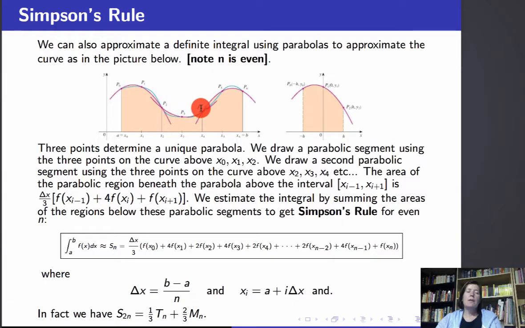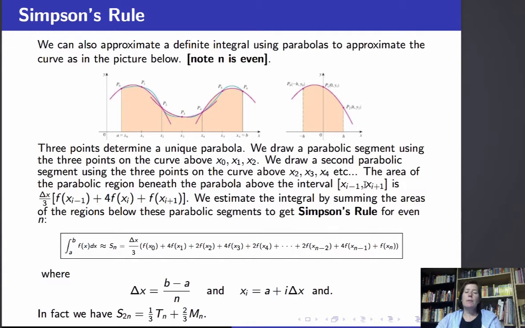The area beneath the second approximating shape is the area under the parabola sitting above x2, x3 and x4, and its area is delta x over 3 times f of x2 plus 4 times f of x3 plus f of x4.